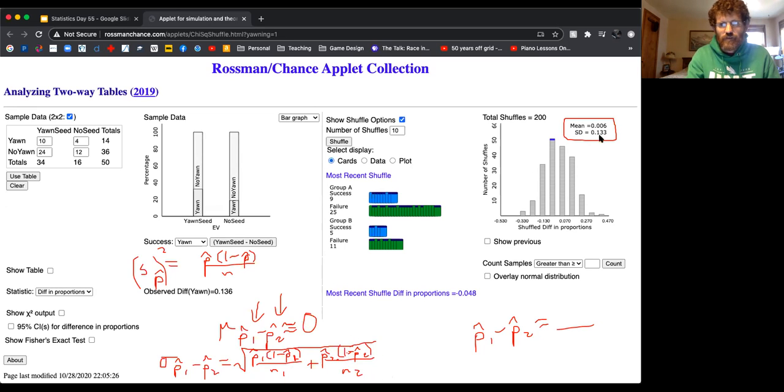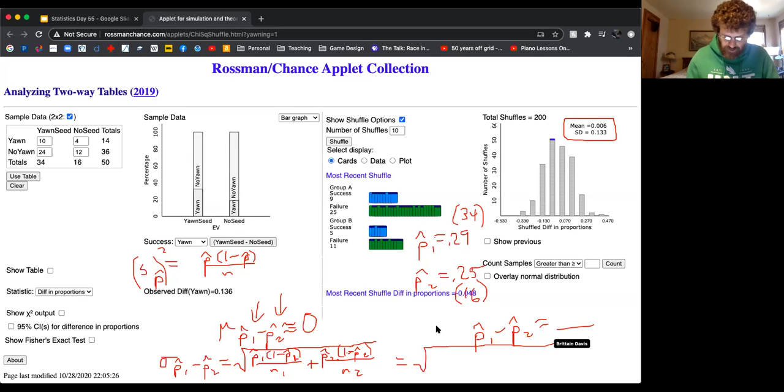Your standard deviation is found by using this calculation. In fact, I wanted to plug some numbers in. Our p hat for 1 was 0.29. Our p hat for 2 was 0.25. That was what we got from the samples. I know my sample size for the first was 34 and for the second was 16. So let's figure out what the standard deviation should be for the sampling distribution.